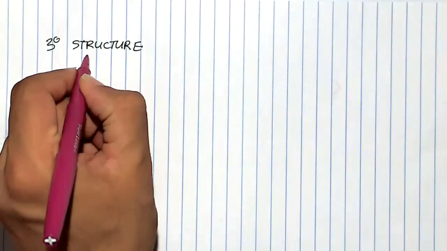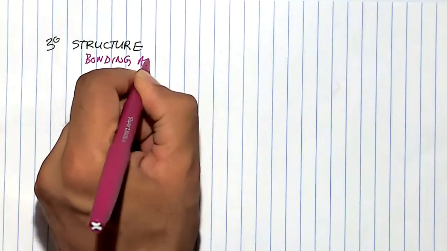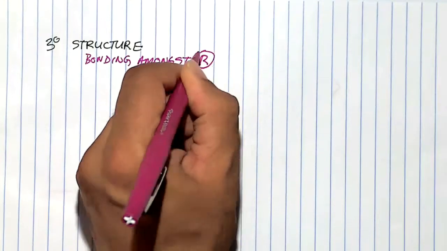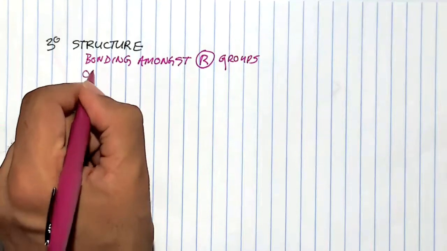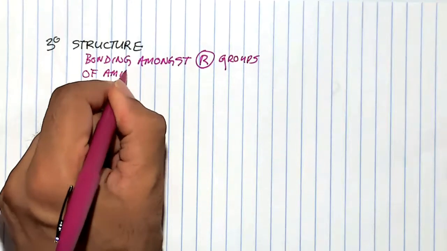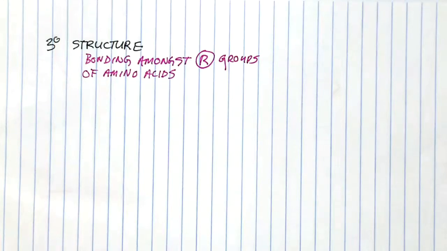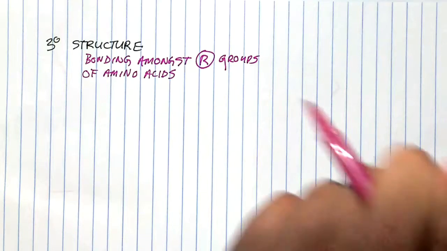So, bonding amongst the R groups. Remember, there's 20 R groups that comprise the 20 amino acids. So what are these bonds amongst the R groups? Well, we can have hydrogen bonding.